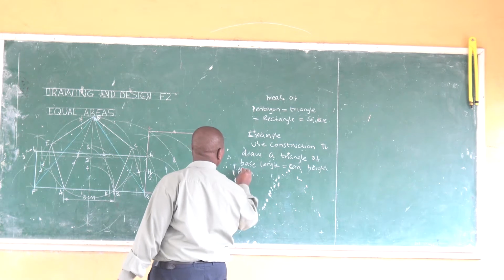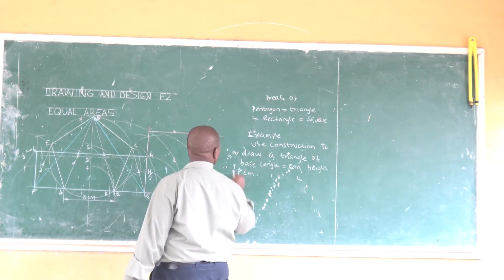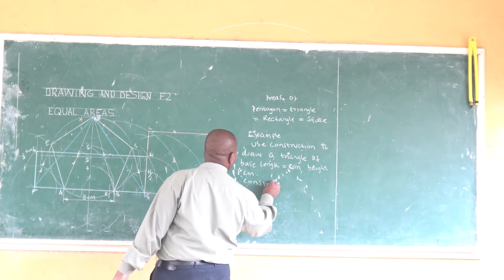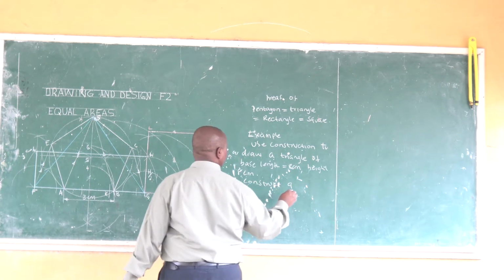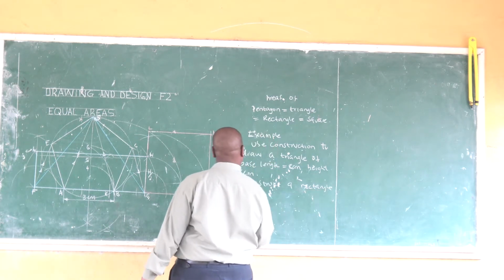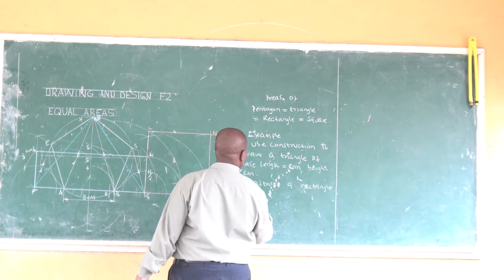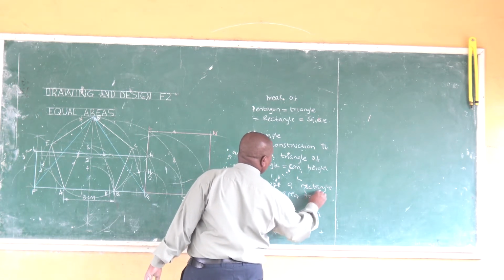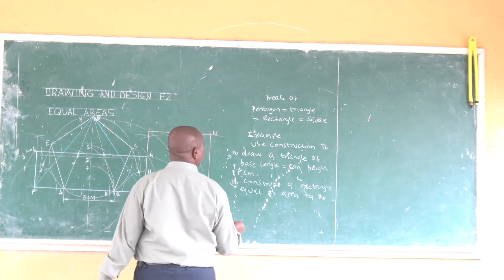B, construct a rectangle equal in area to the triangle.